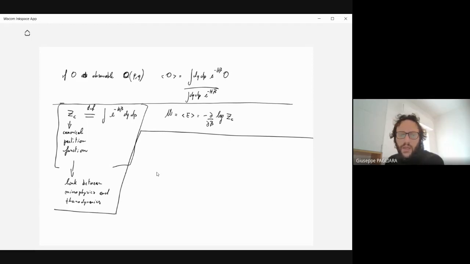This is a case in which statistical mechanics overcomes thermodynamics, because within this scheme one can compute the fluctuation of the energy, and also higher orders, what are called susceptibilities. So in principle one can go beyond the averages defined in thermodynamics and compute higher order derivatives of the logarithm of the partition function.